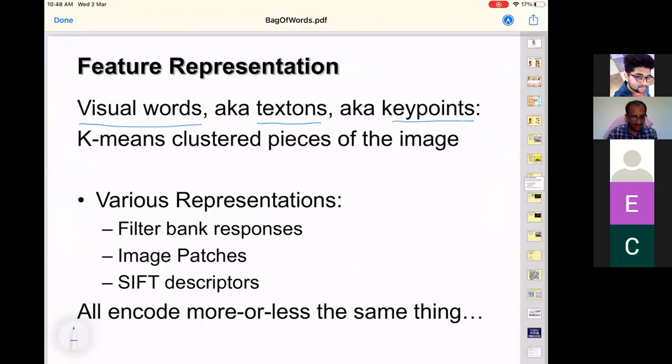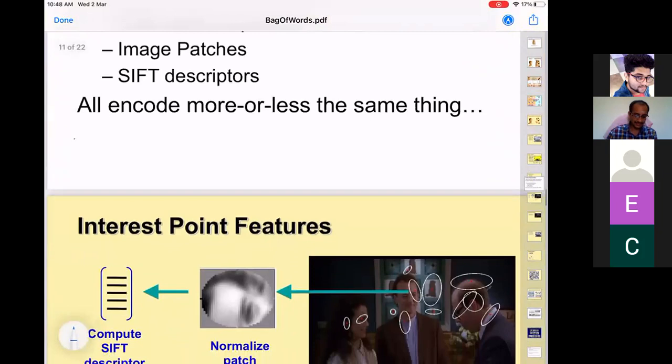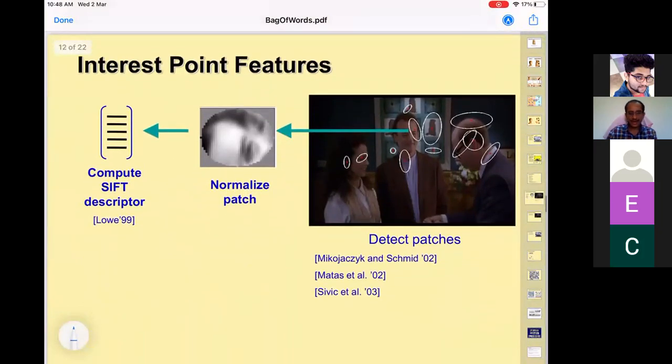And to get the code words, what do we do next? What we do is we apply k-means clustering, some kind of clustering. From this we can get a lesser number of visual words representing the class of images, not just a single image. Before, we had the single image representation. Now we have a class of images.